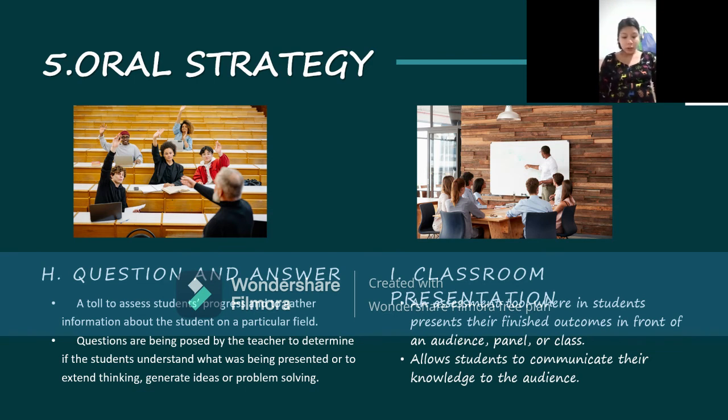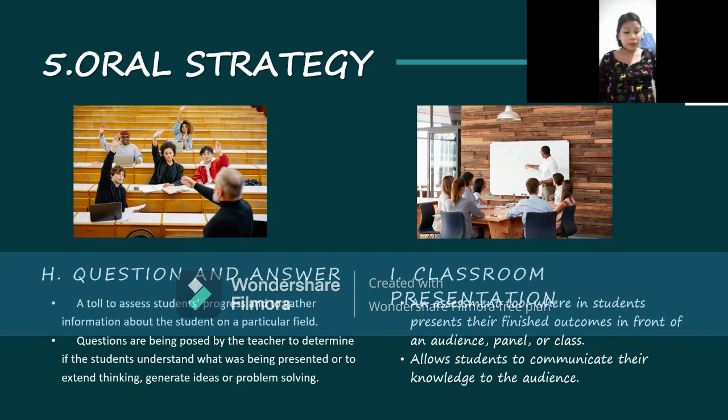Next definition, questions are posed by the teacher to determine if the students understand what is being presented, or to extend thinking, generate ideas, or solve problems. My example for this question and answer is, if you have a question or clarification for the reporter, you need to ask them so that you can understand the topic or lesson, and they will answer you with their feedback.